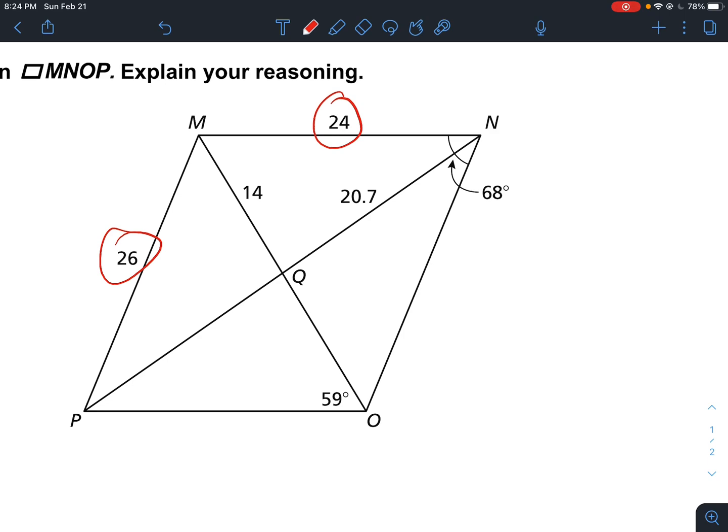And so this angle right here is not congruent to this one because it's not a rhombus, meaning that these diagonals do not bisect these angles. These angles are not bisected, and these angles right here are not bisected by this diagonal. And this angle right here is not 90 degrees. So just be careful of that.